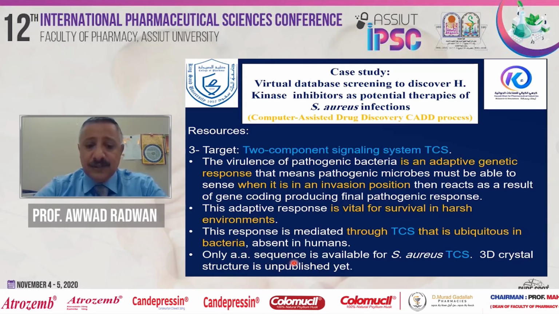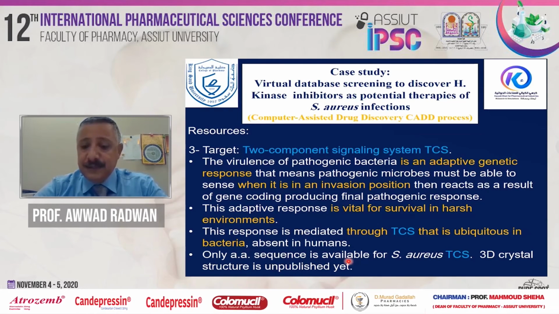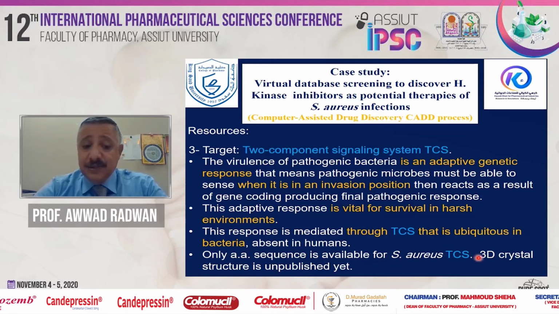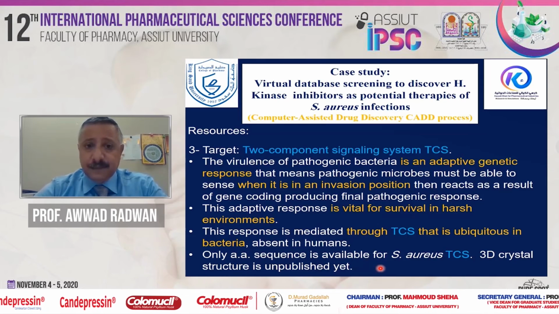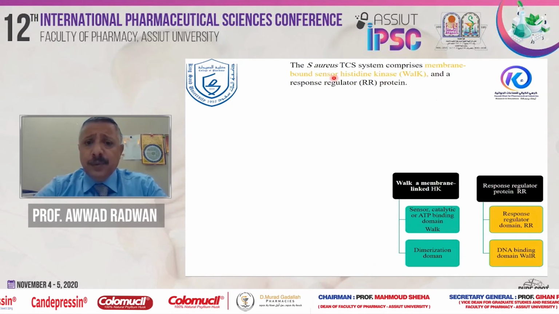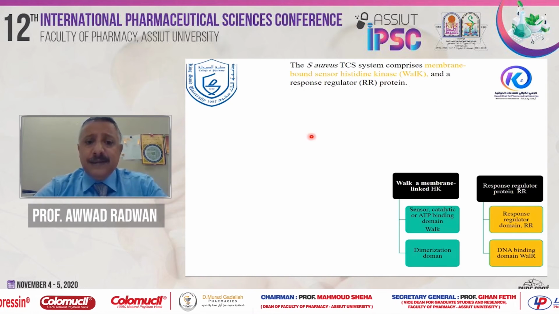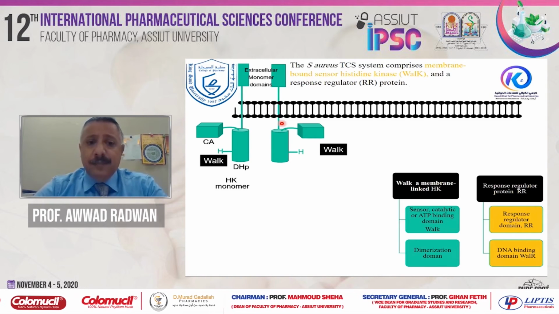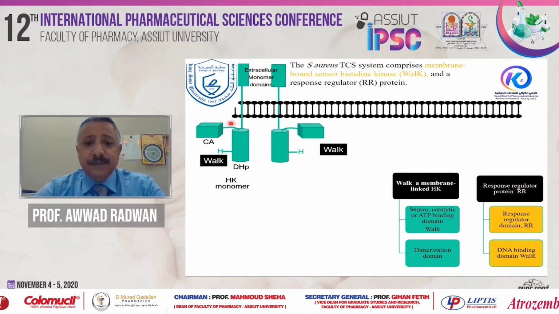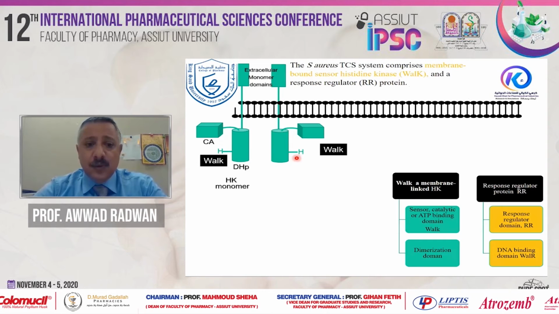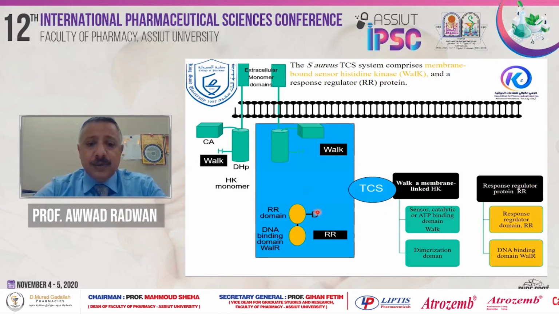Only the amino acid sequence is available for the Staph aureus two-component system. The three-dimensional structure is not published yet. The Staph aureus two-component system comprises the membrane-bound sensor histidine kinase WalK and a response regulator protein.